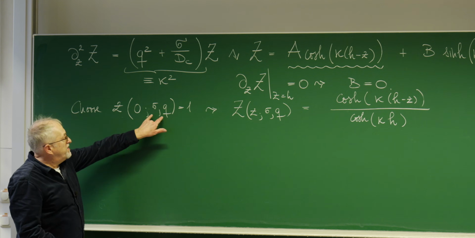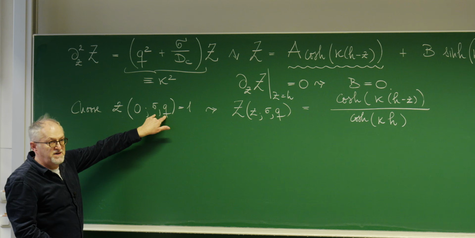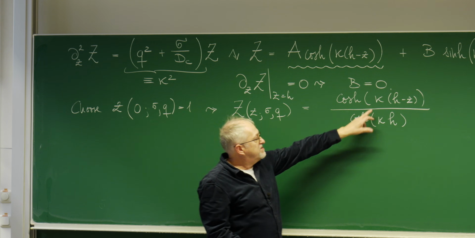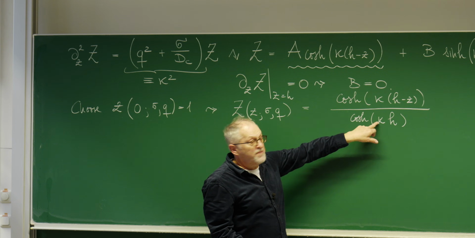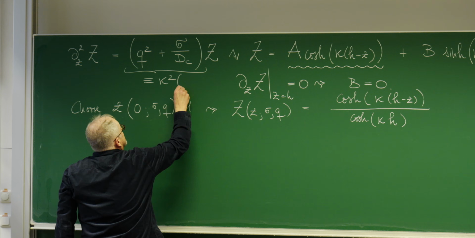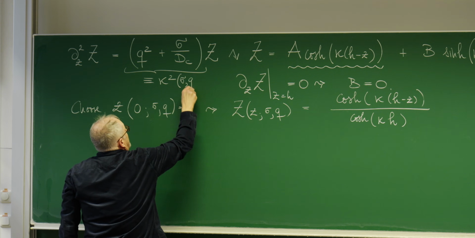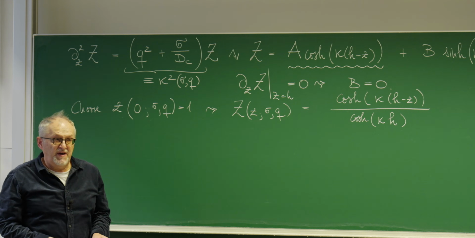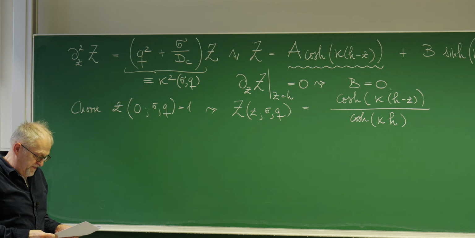And note that this dependence on sigma and q is contained in this right-hand side expression through the value of kappa, because kappa, this object here, is a function of my eigenvalue and of the corresponding eigenvector q that you have.